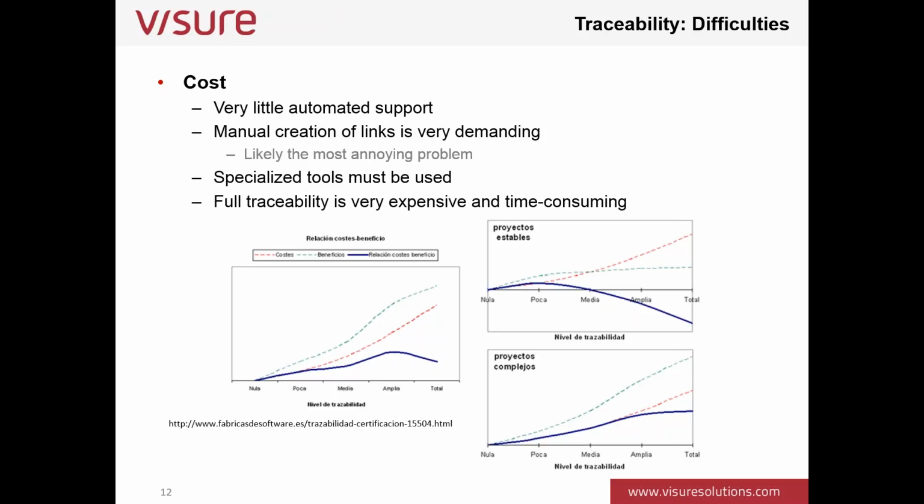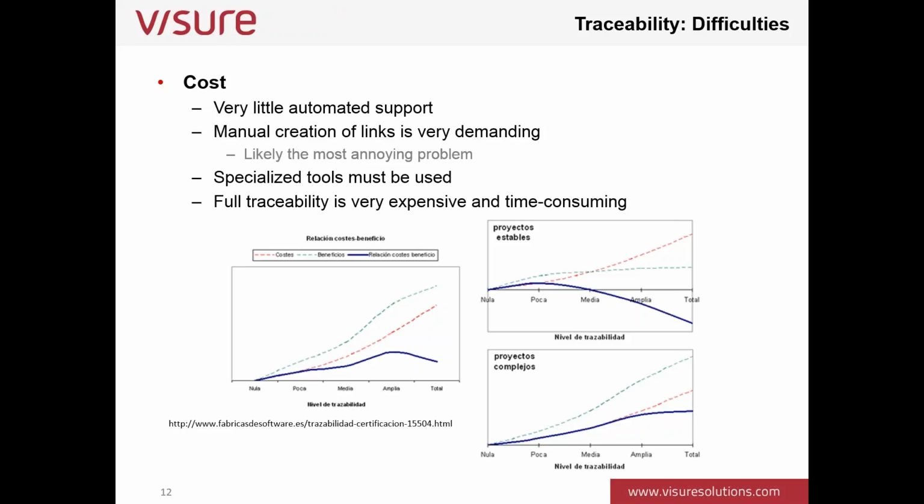Keeping your specification trace, keeping the requirement trace, is really costly. Why? Different things. There is little automated support for this. There are some tools that help by semantically analyzing the specification and the requirements. They can tell you these requirements seem to be related to this other one.